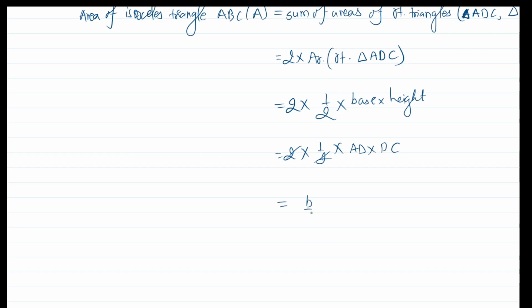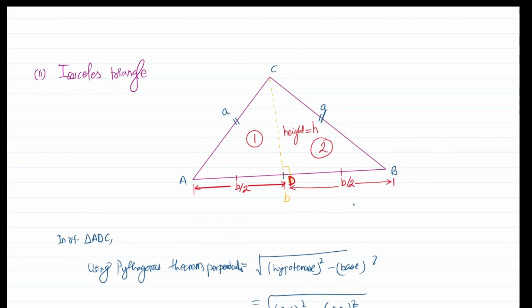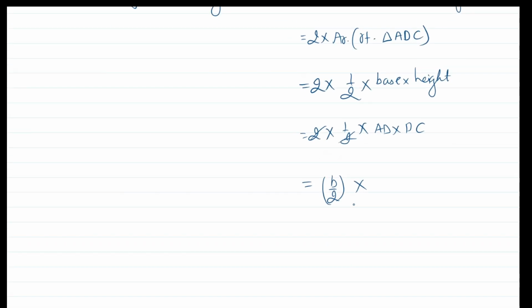AD is b by 2 from the above triangle, and DC is height. DC is equal to under root 4a square minus b square by 2.